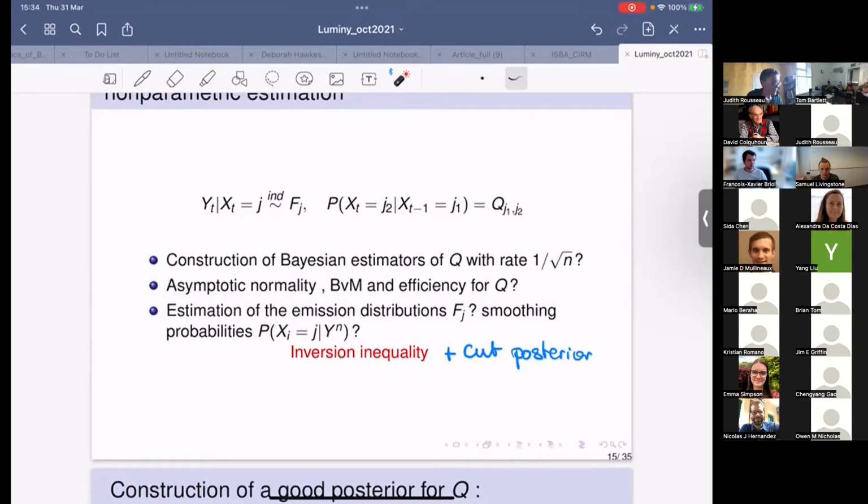And so we want to estimate correctly the emission distributions as well. And to do that, we're going to use the cut posterior, and we also have to obtain an inversion inequality that goes from the G densities, which are the densities of the Ys, to the densities of the Y given X.